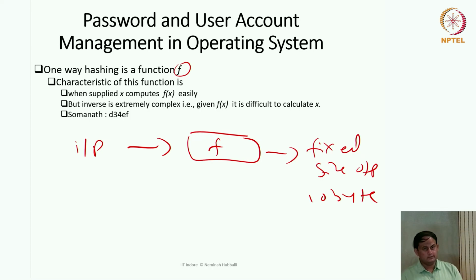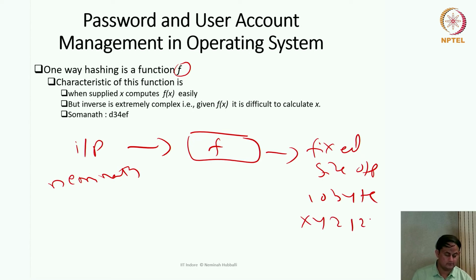And the second thing about a hashing function is, if I give any input, let's say my password is some name, and I give this as an input to this function, computing the fixed size output, maybe XYZ123, is easy.